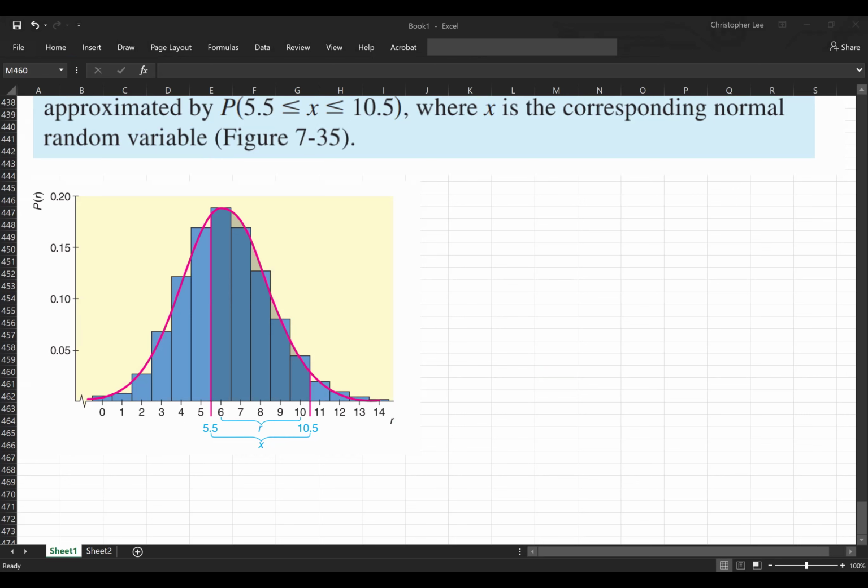You could use the binomial if you want, but the binomial is massive, you know? So this is an easier technique to get to the answer. One answer is an approximation and the binomial is the answer.